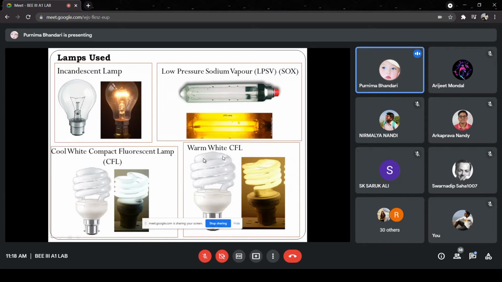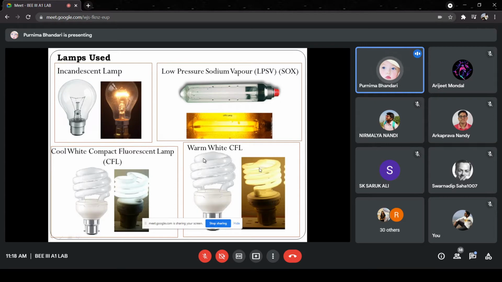Warm white, if you see this, you will see the yellowish part is more, and the light looks more yellowish, like the color of fire, so we say it is a warm white CFL. This appearance comes from the different spectral compositions, and due to that spectral composition the CCT value will be different.